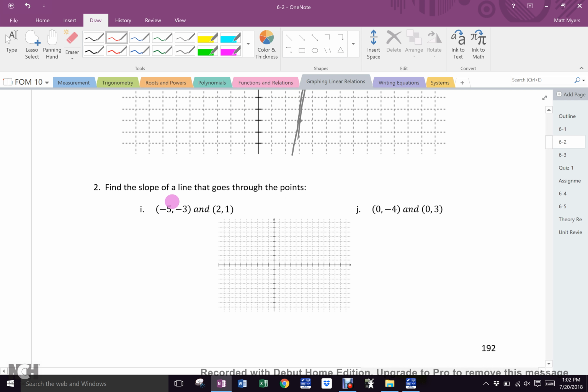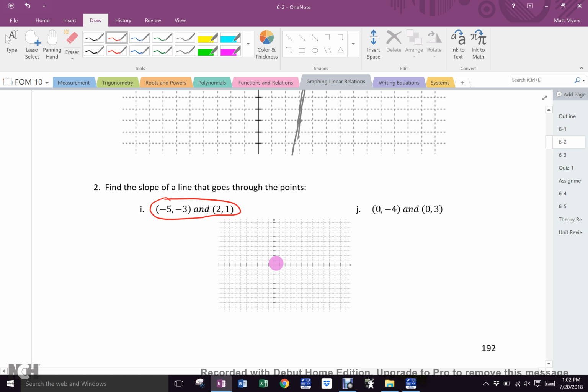I'm going to use a red line to draw that. You all should too. Where is -5, -3? I'll wait for everyone to draw it.